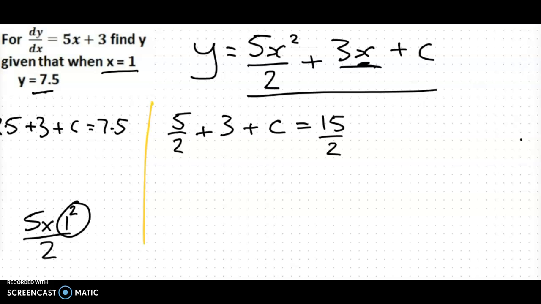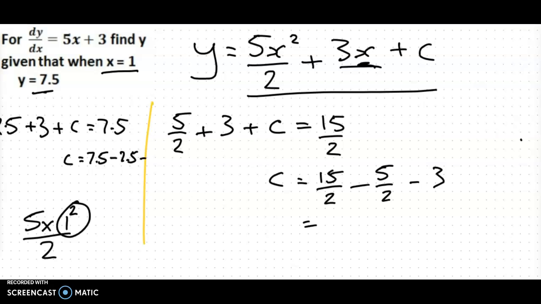Okay. Anyway, so now of course c is 15 halves minus 5 halves minus 3, or C is 7.5 minus 2.5 minus 3.